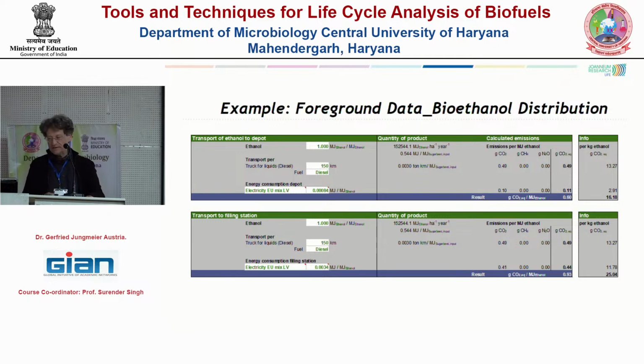So this is the system boundary of this system, and I would say, if you're interested in starting an LCA, this would be the easiest way to start doing it. And here you see again the differences, and all the data are in there. So it's fully autonomous, and you also find in the different sheets the values that are used.